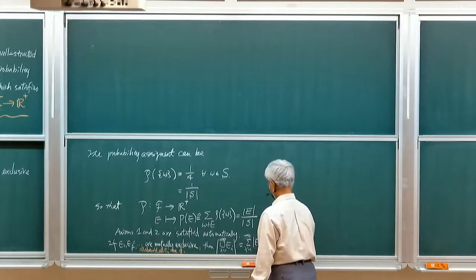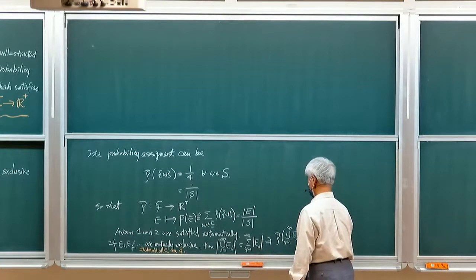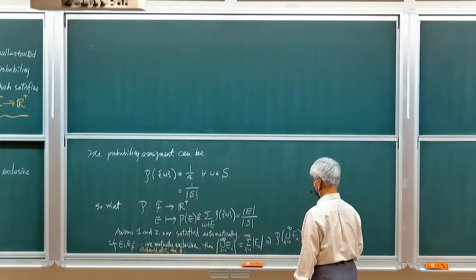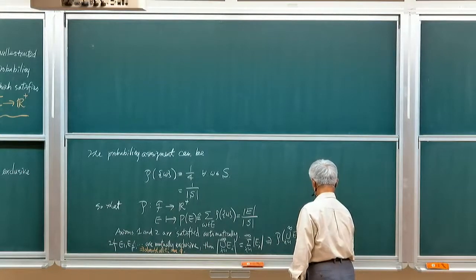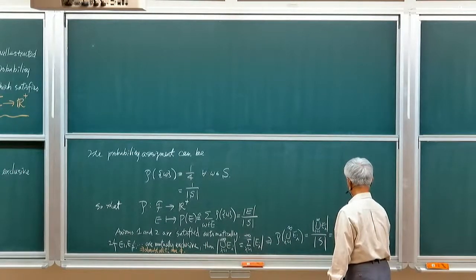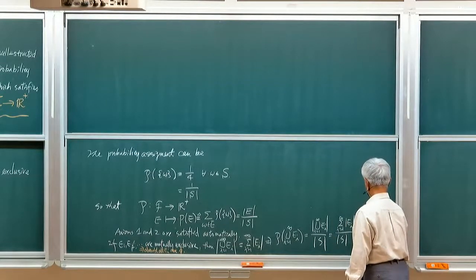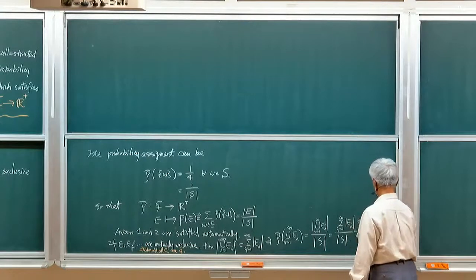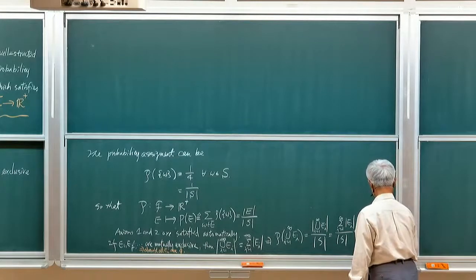And so this implies that the probability of the union is equal to a summation, and this is, and we have done.